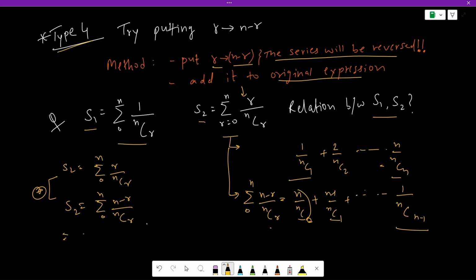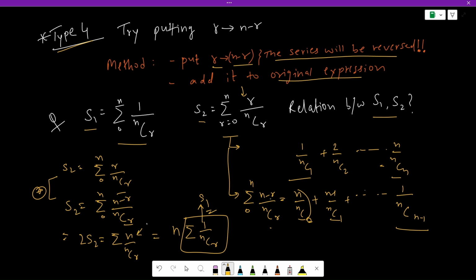So this will be 2S2 is equal to summation, the denominator is same, so we can add the numerators, so this will be n by nCr. Now as you can see, we made a constant here, so we can put it out of the summation, so this will be n summation 1 by nCr. Now this is S1.